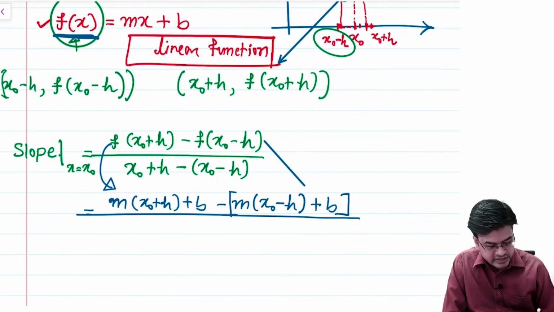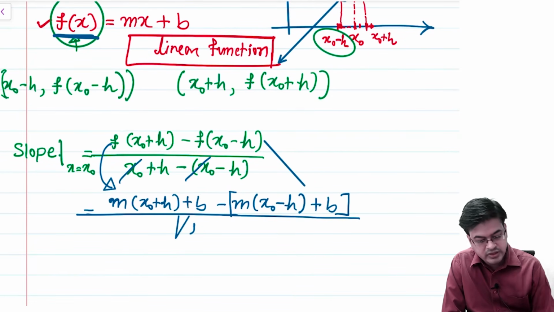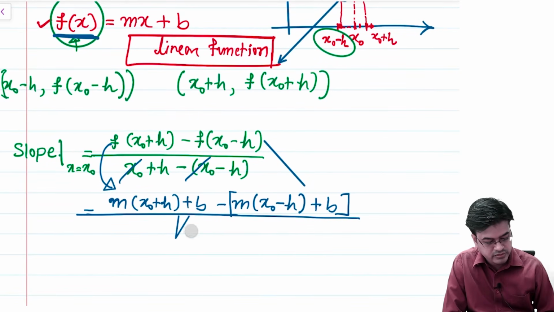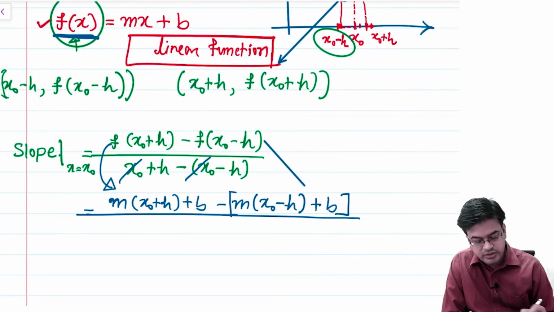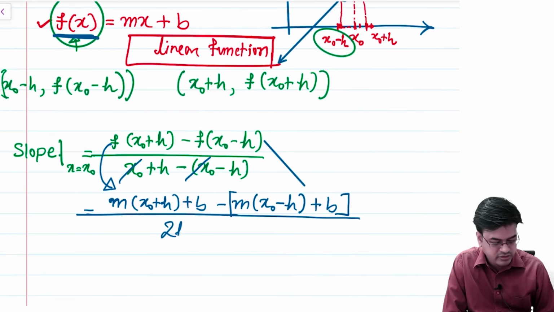Upon x naught minus x naught will get cancelled. H plus h I will get, sorry, this is ink to shape form. So this will give me 2h in the denominator. Yeah, so this is 2h. Now this is in fact going to be equal to m times x naught minus m times x naught.